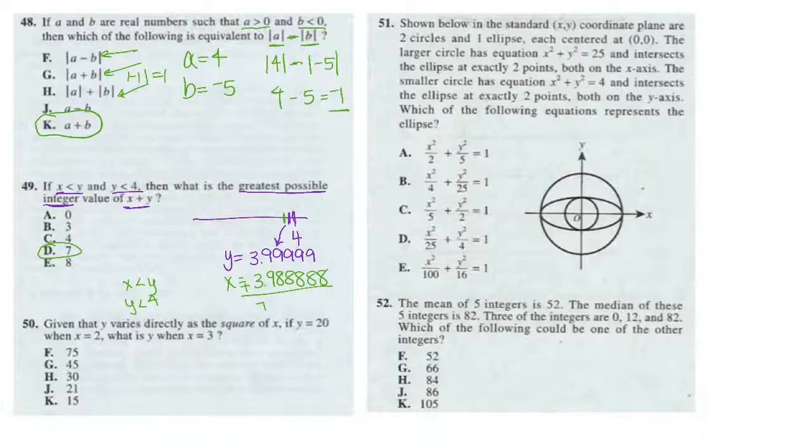Okay, moving on to number 50. We're talking about direct variation. And this problem, again, is another one of their tricky problems. You have to come up with something called a constant of variation, and we normally label that letter K. That's just a constant of variation.